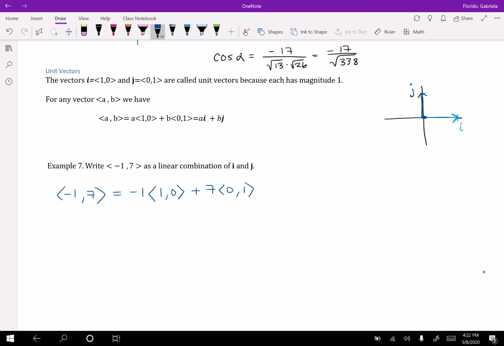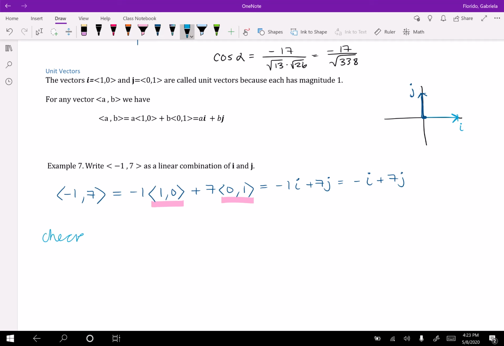Remember, this is denoted as i and this is denoted as j, so this is just equal to -i plus 7j. If we actually did the computation, we would end up back with -1, 7. Let's just check to make sure.